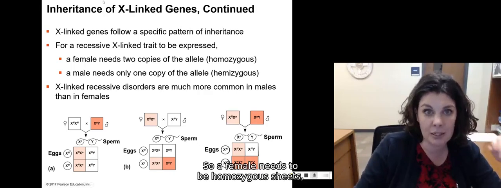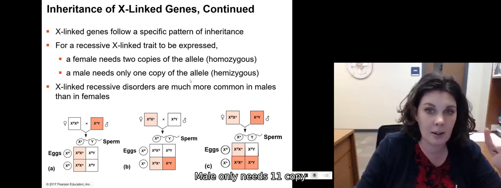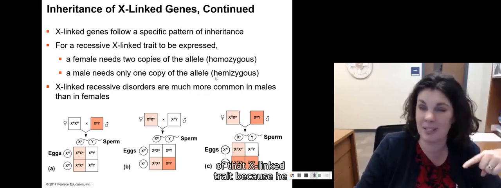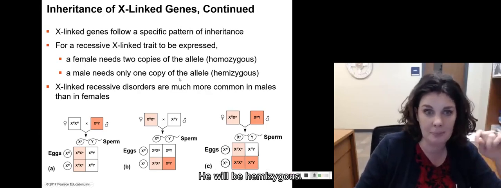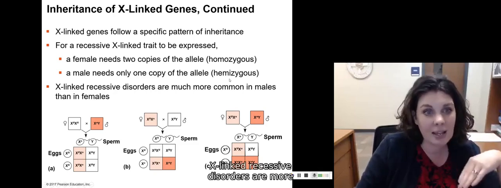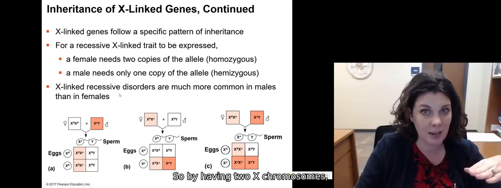So a female needs to be homozygous. She needs 2 copies of the allele. A male only needs one copy of that X-linked trait because he only has 1 X chromosome. So he only needs 1 copy. He will be hemizygous. Because of this, X-linked recessive disorders are more common in males than in females.